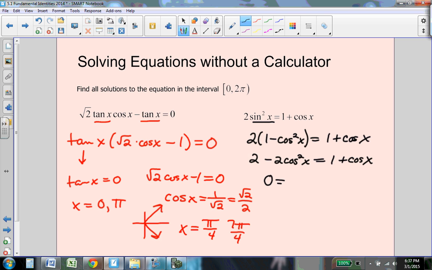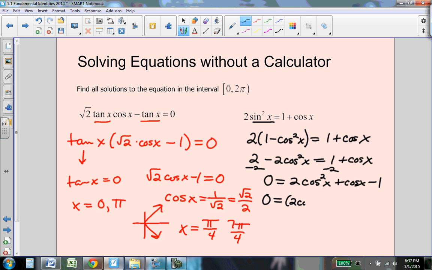I want my 0 over here because I like my positive squared term. So 2 cosine squared of x plus cosine of x, and then subtracting that 2 over, I get a minus 1. Now I need to start recognizing this as something that can be factored. Trinomial there.